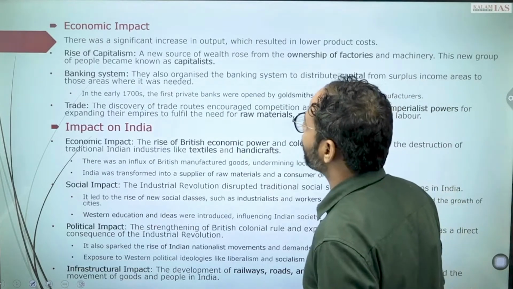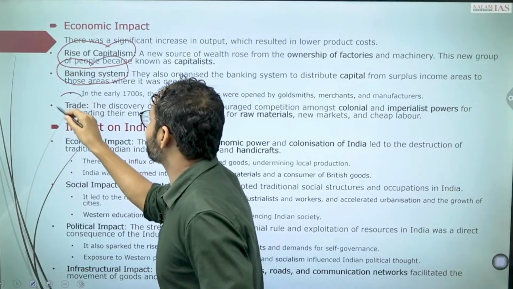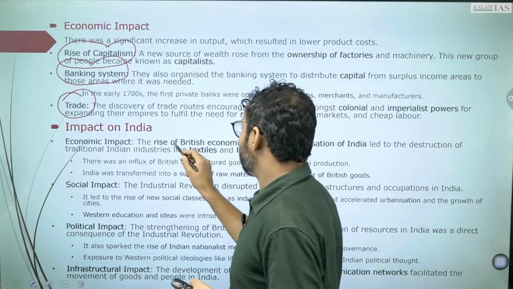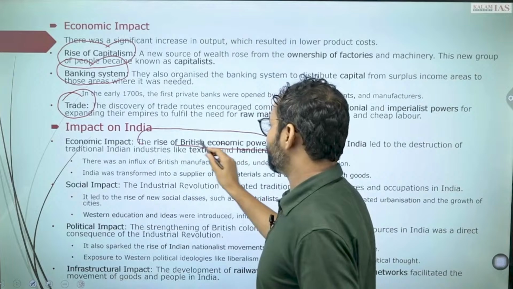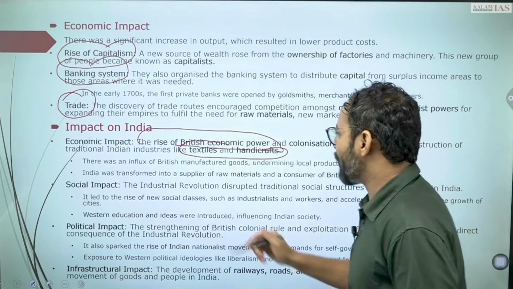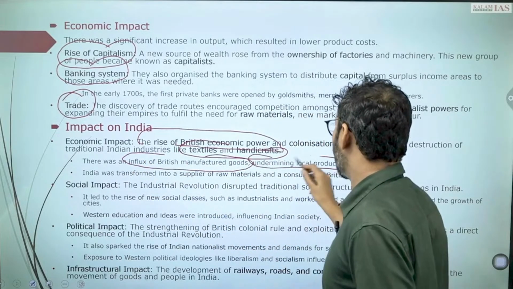So the economic impact was the rise of capitalism, the rise of the banking system, the rise of trade. What was the impact on India? The impact was the rise of British economic power, and it led to deindustrialization in India. There was an influx of British manufacturing goods, undermining the local production.